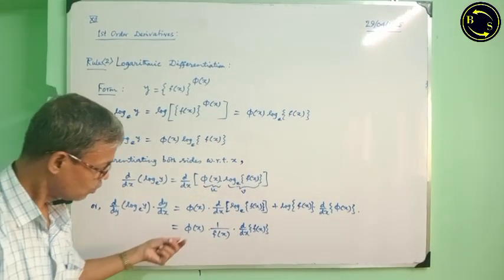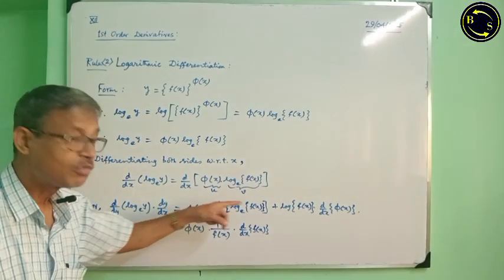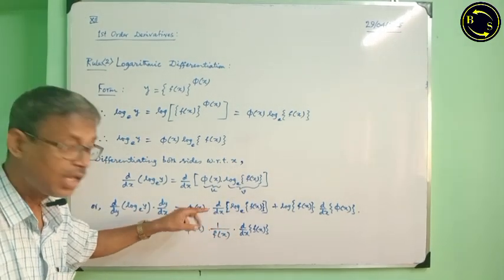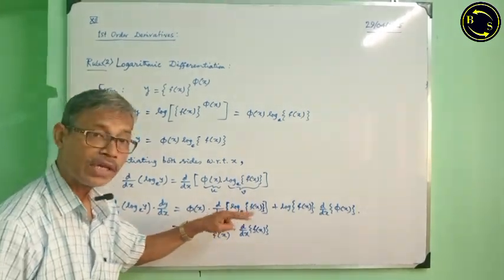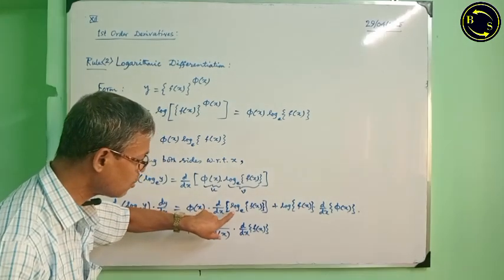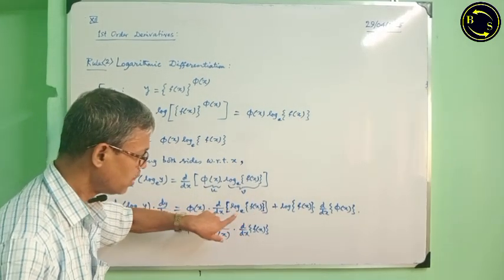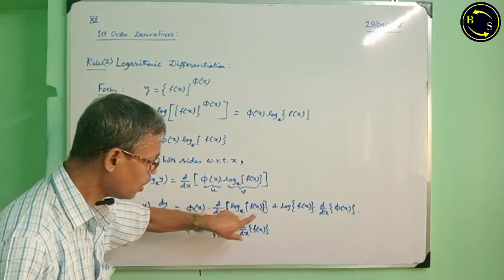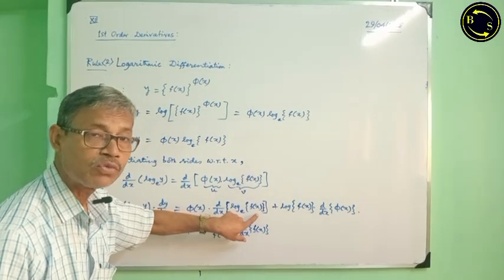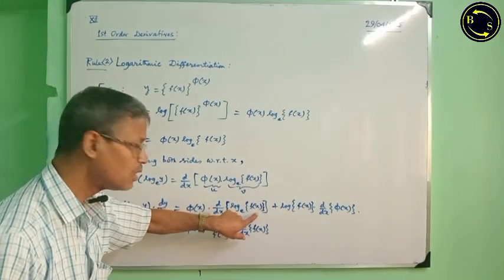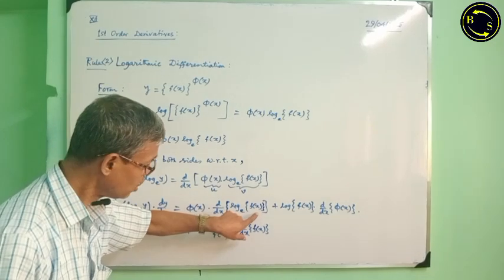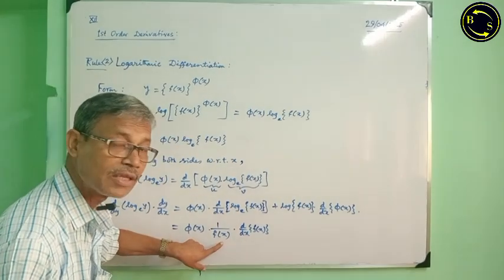Students, you note carefully, I have done this step mentally. Let me clarify again. I first take f x as u, then log u is to be differentiated with respect to u, so that it will be 1 by u, that means 1 by f x.